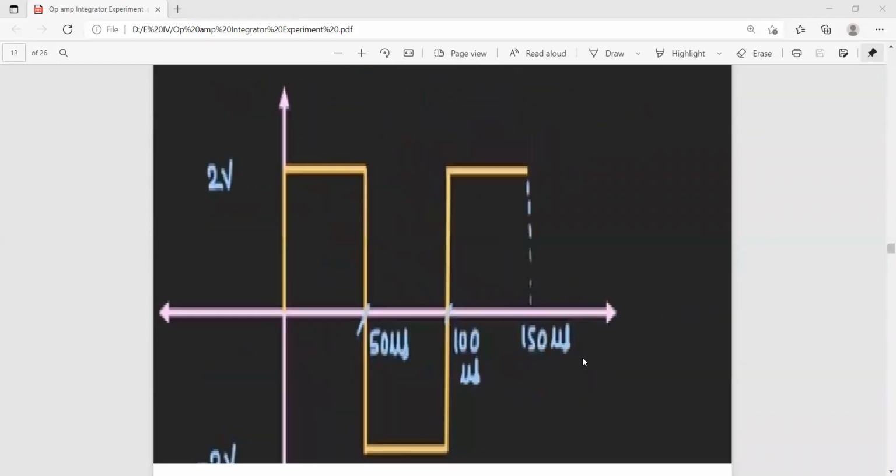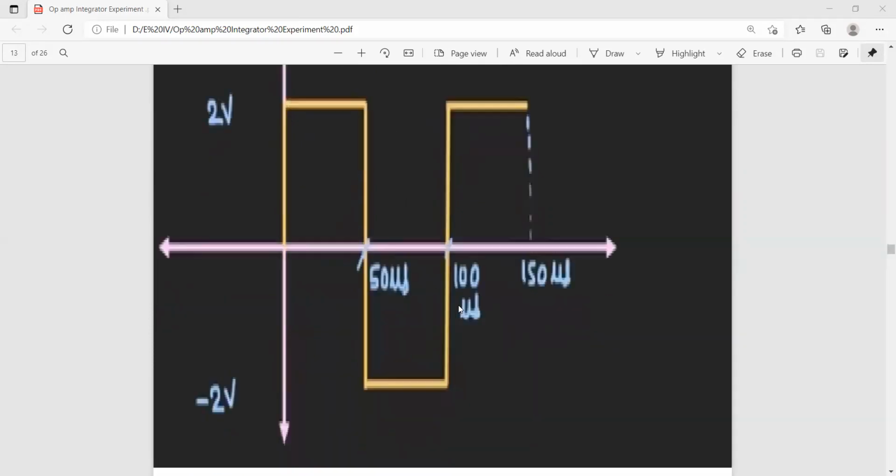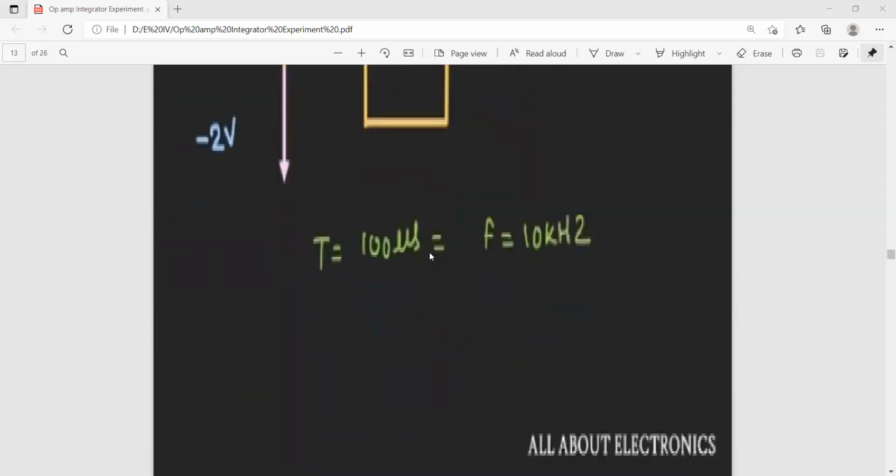This type of square wave we can apply as your input voltage. For the positive signal, what is happening? For the negative signal, what is happening? That you can observe.